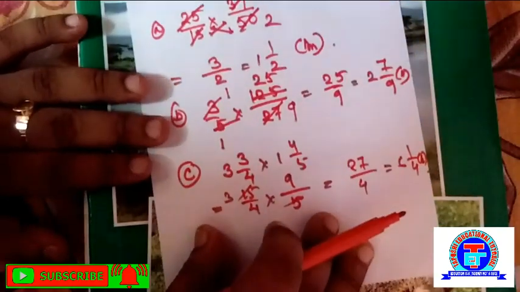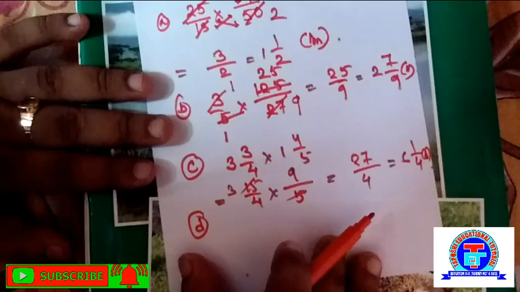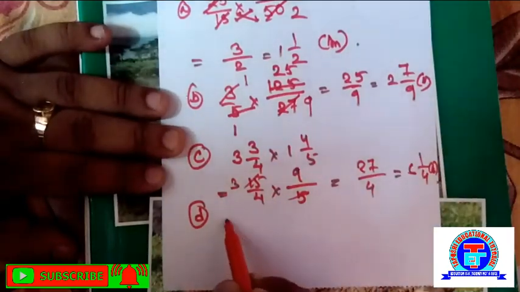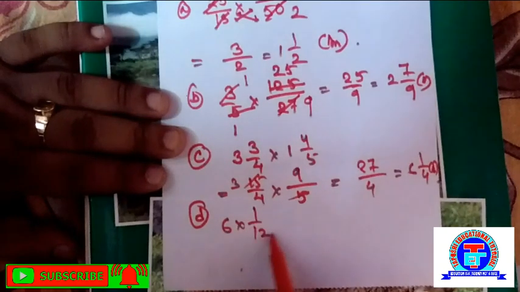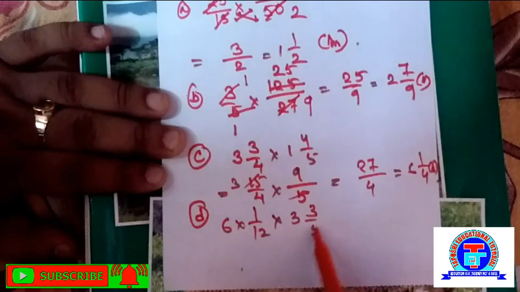Now another problem we solve here, so easy that we learn the multiplication of fraction. So here given 6 into 1 by 12 into 3 whole 3 by 5.